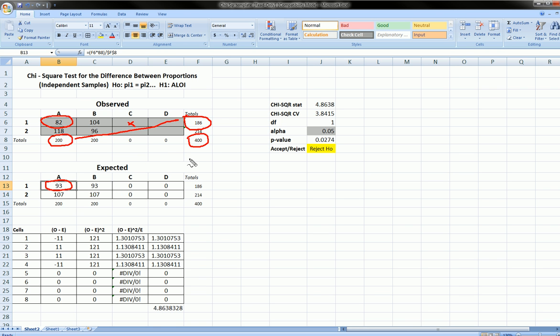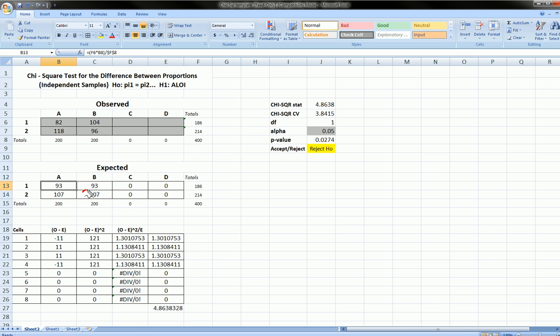So for this cell, the number 93 is 186, the row total, times the column total, and you take this from the observed table, divided by the grand total, and then you get 93.